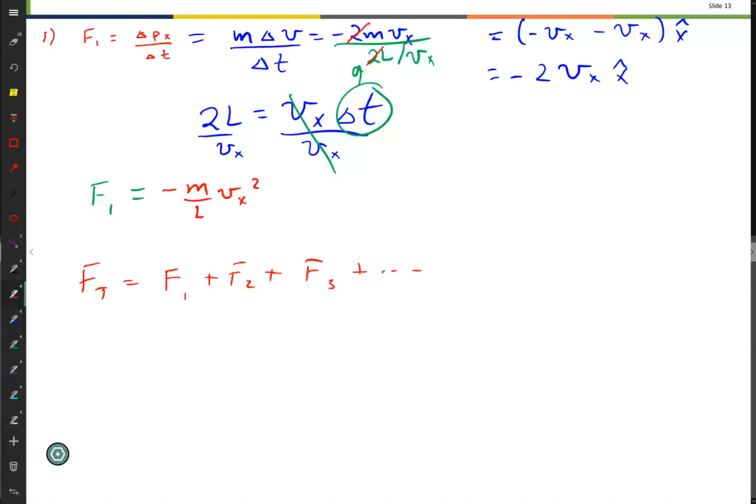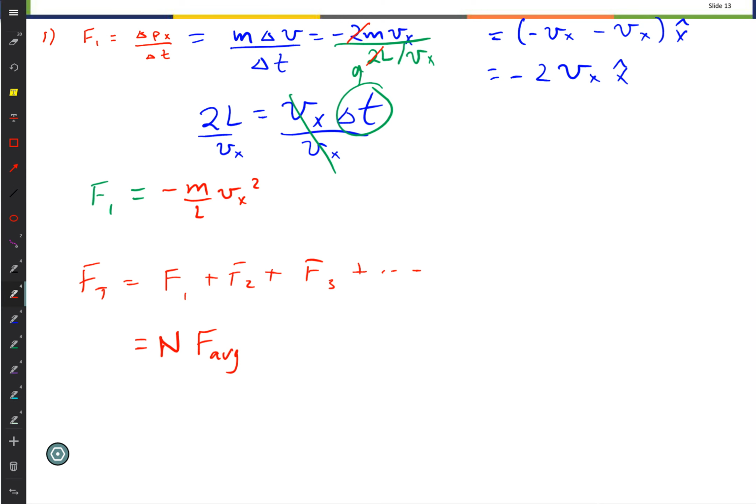Add them all up. But the molecules don't all have the same speed, right? We know that. Because of collisions, they're going to have different speeds. So what I'm going to have to do is say this is equal to the total number of molecules times the average that I get for this force 1 equation if I take all the molecules.